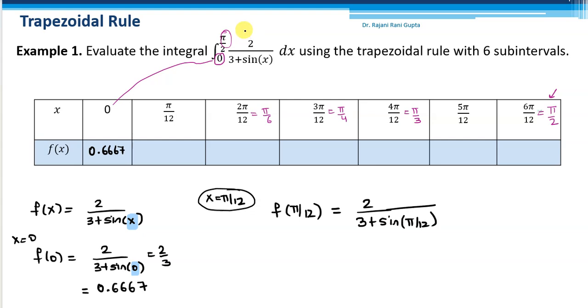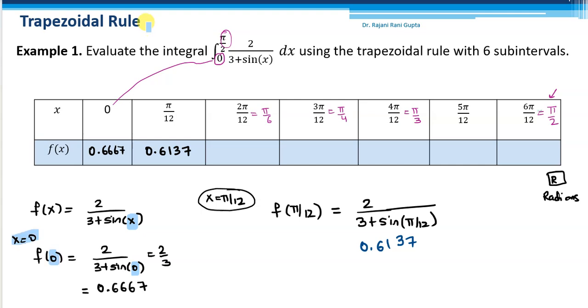Now, when you are measuring this angle, make sure you are keeping the calculator on radians mode. Okay. So, when you calculate it, you will get the value as 0.6137. Okay. So, you write this value here, 0.6137.